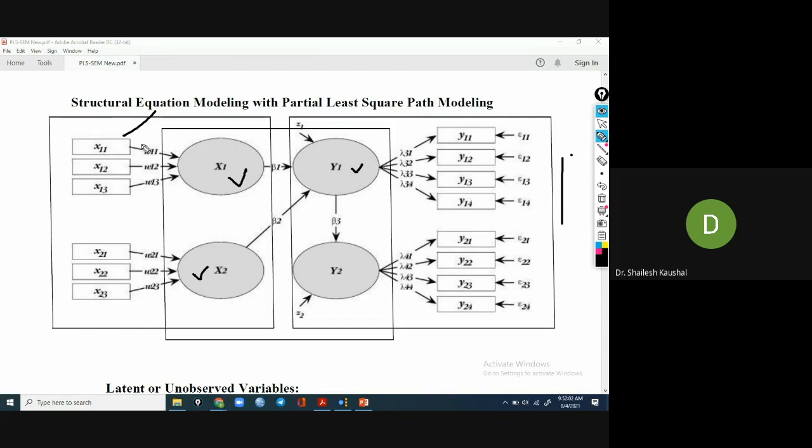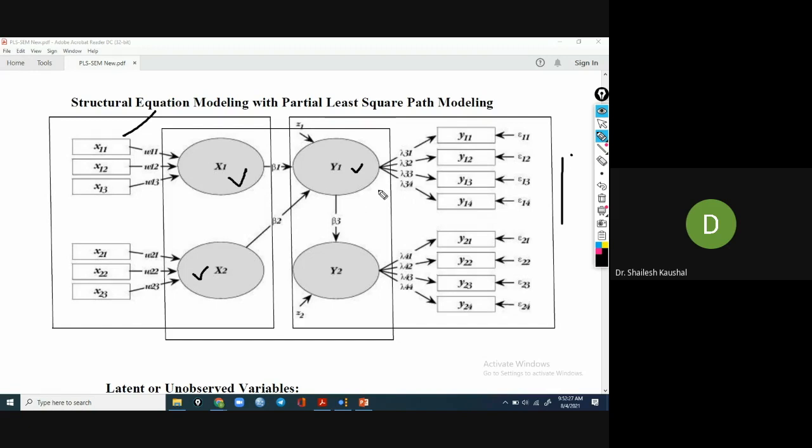All these three independent variables are forming this construct, that is why it is a formative measurement model. And these are the dependent variables y11, y12, y13, y14. These are the reflections, symptoms. So these are the reflective measurement model.